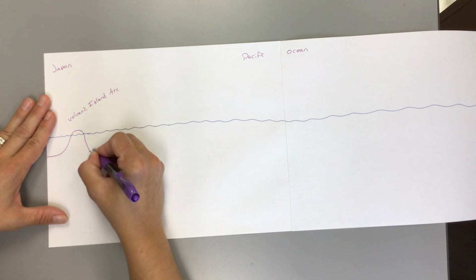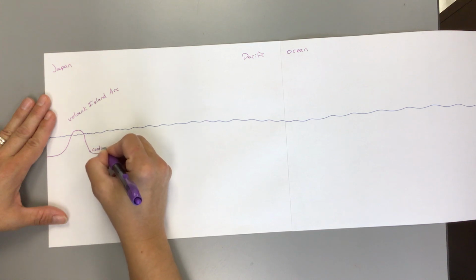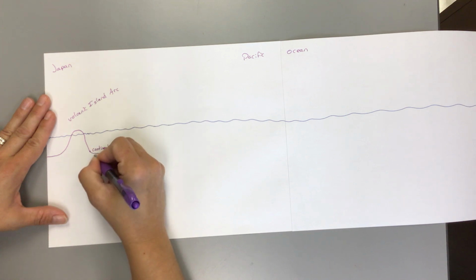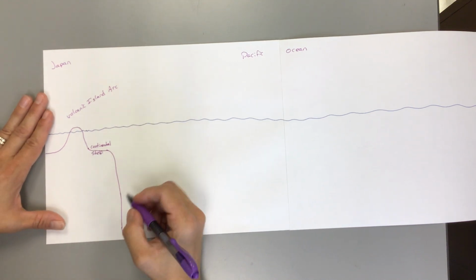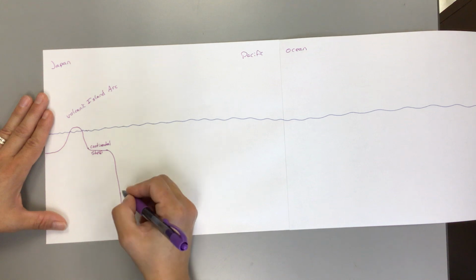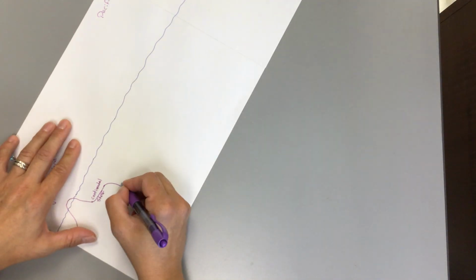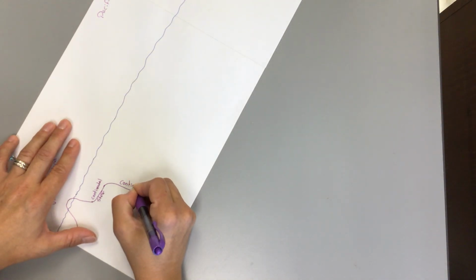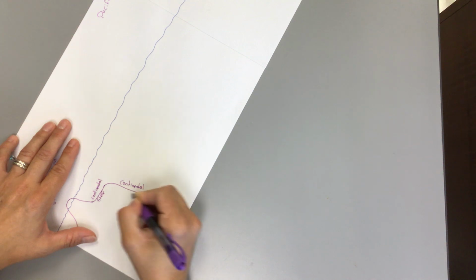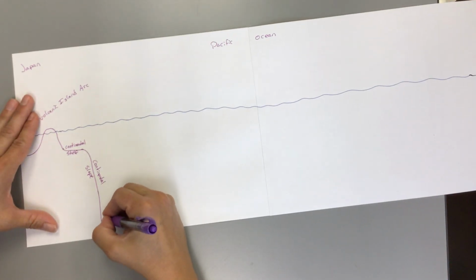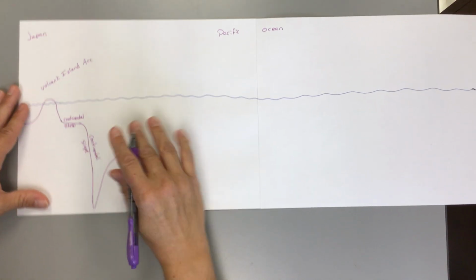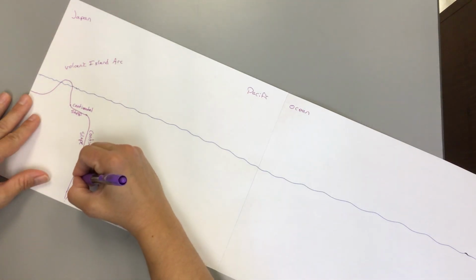I'm going to call that a continental shelf. And that's going to lead into a continental slope. And down here we have a trench.